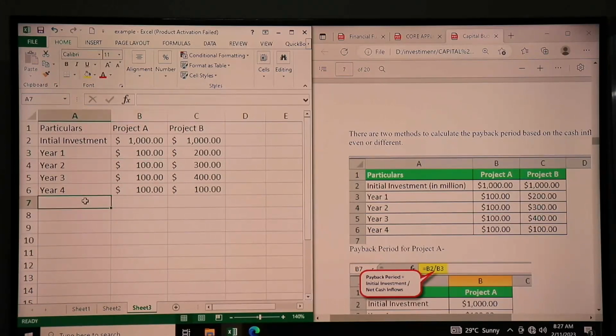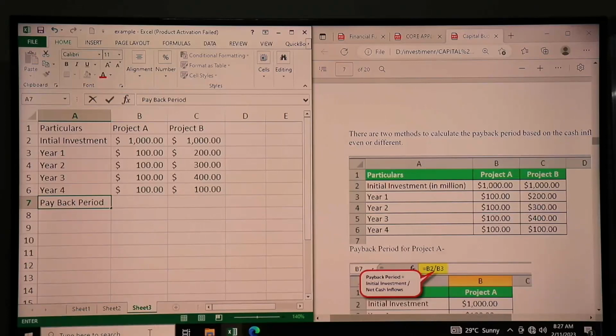Then you are asked to give the payback period. What is the payback period? We want to type the payback period here.